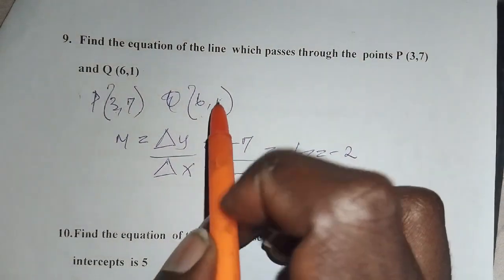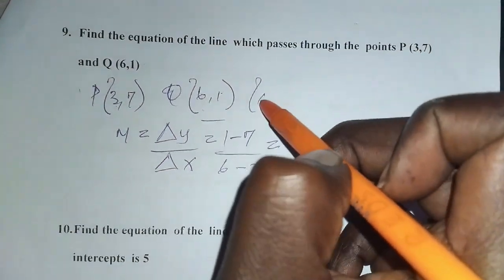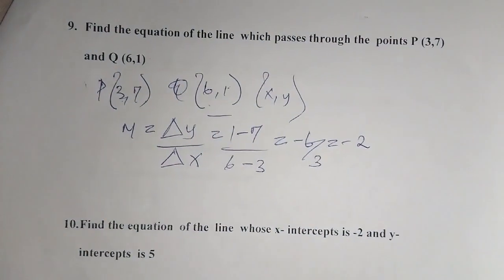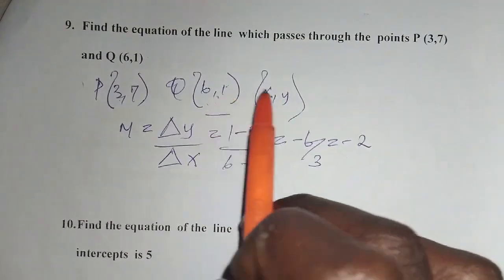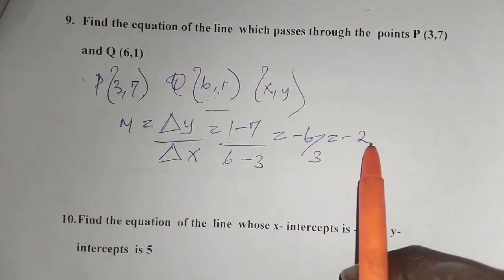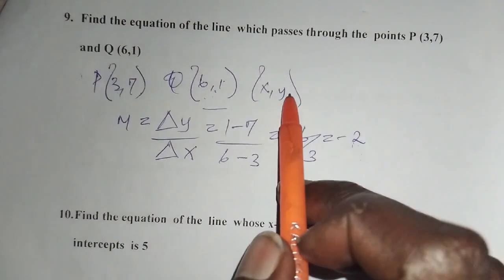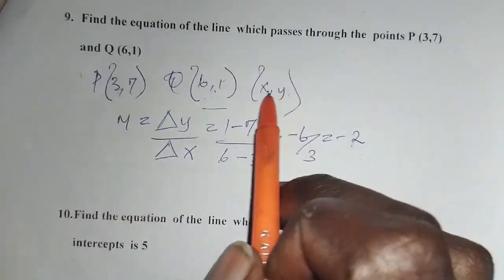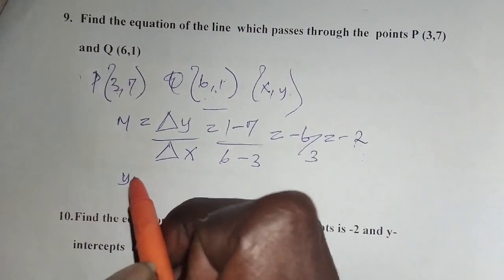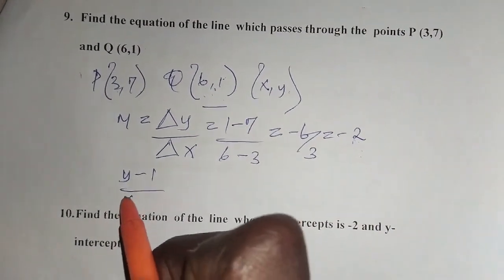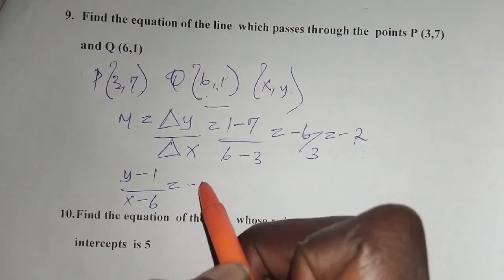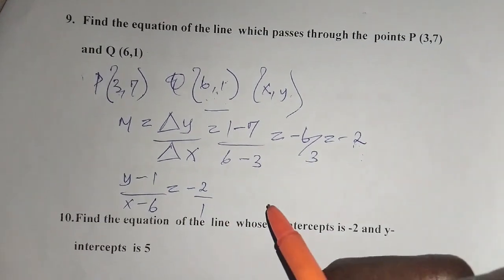So using one of the points like this one and another unknown point along that line, you can still find the gradient of these 2 points and it will give us negative 2. So using the same process, y minus 1 over x minus 6 will give you negative 2 over 1.